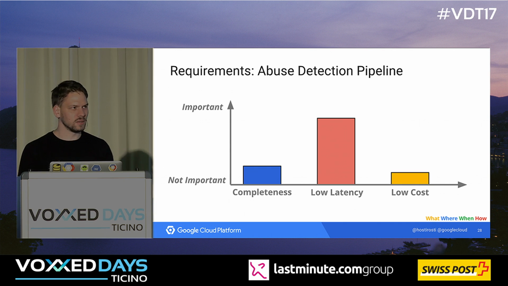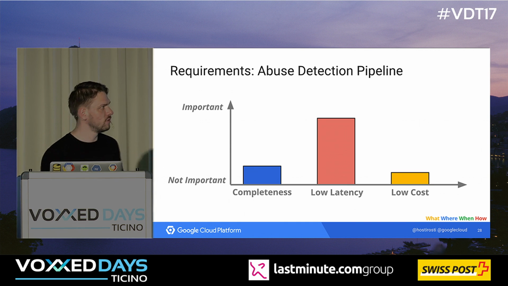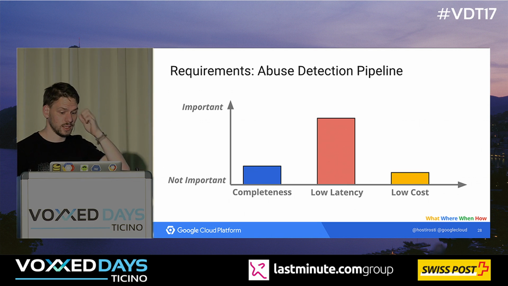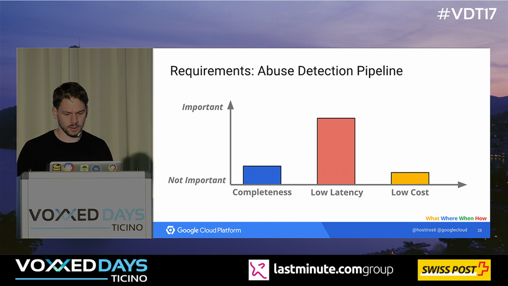So correctness is still somewhat important, but low latency is much more important in that case. And low cost, in terms of being able to run that really fast, is again not that important. You want to invest some money because if you prevent abuse, it doesn't cut into your margin.